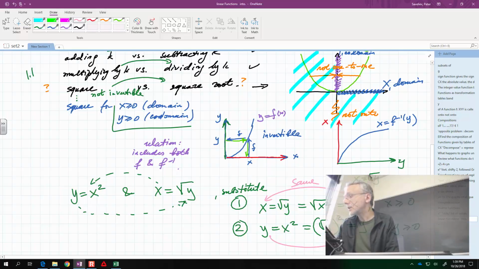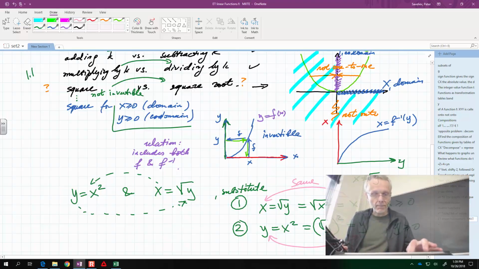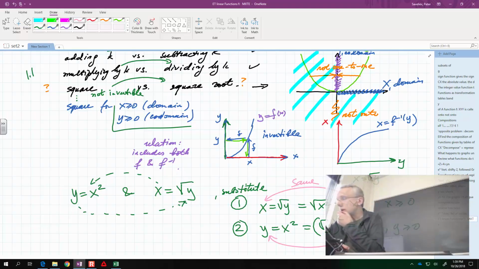You can see it algebraically, and you can see it graphically. The flip you can see here: x squared on the left, and the square root on the right.